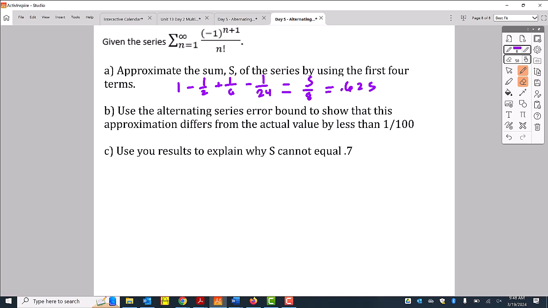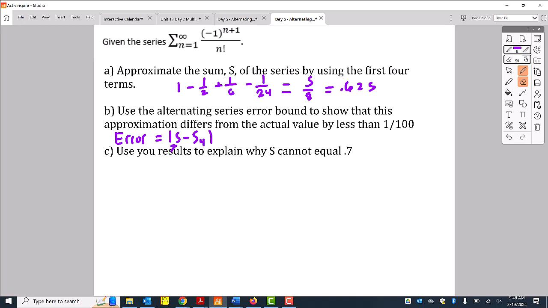Then we want to use the alternating series error bound to show that this approximation differs from the actual value by less than 1 over 100. This is where that error bound comes in. It seems like a really complex thing, but all it's saying is the error, which is the same as saying the absolute value of S minus S4.